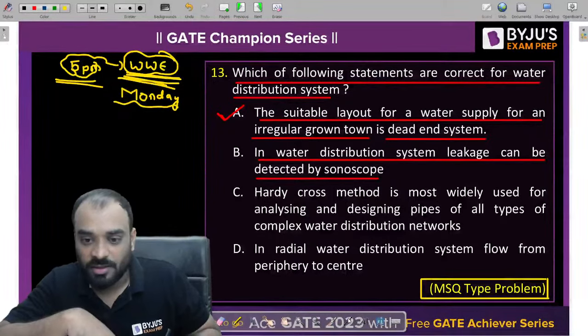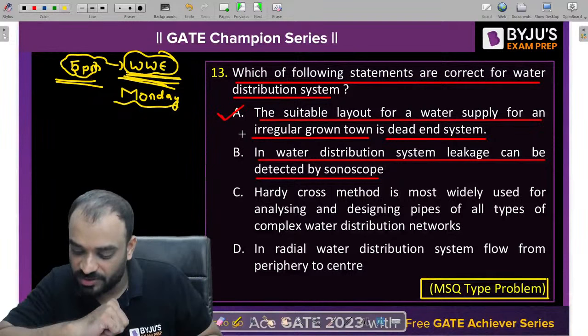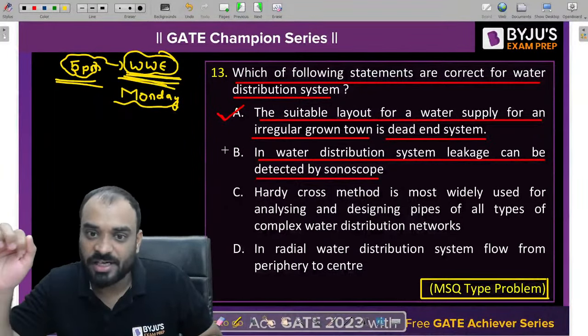Now tell me, guys, the second statement. Rajneesh, Shivansh, Tejoram, Eman, please let me know. In a water distribution system, leakage can be detected by the sonoscope.